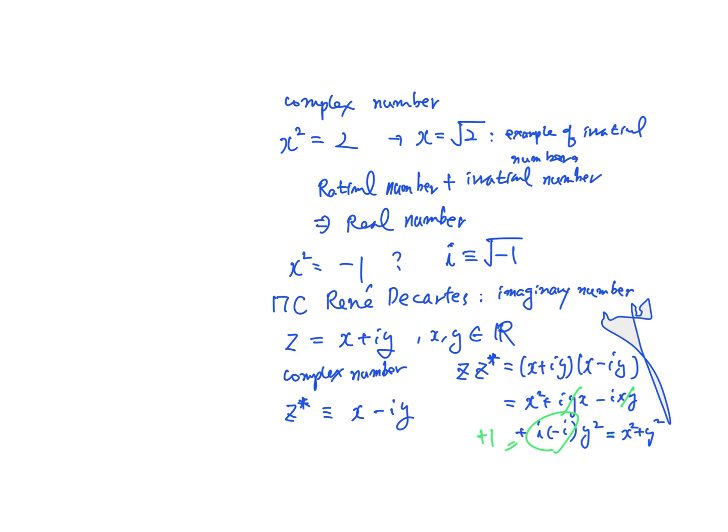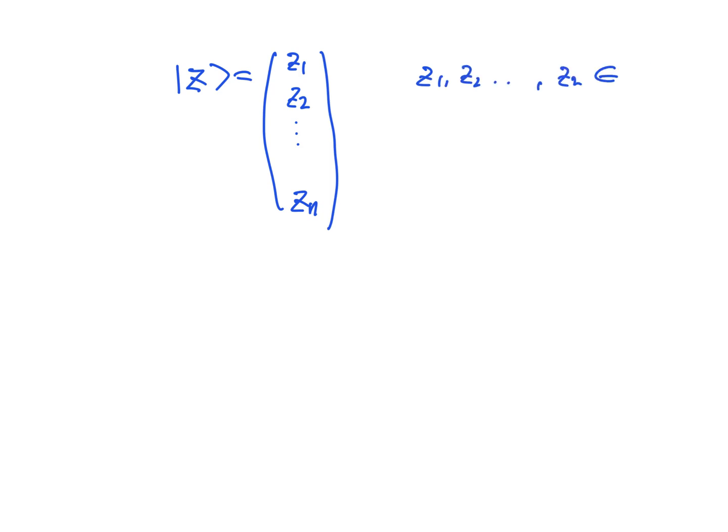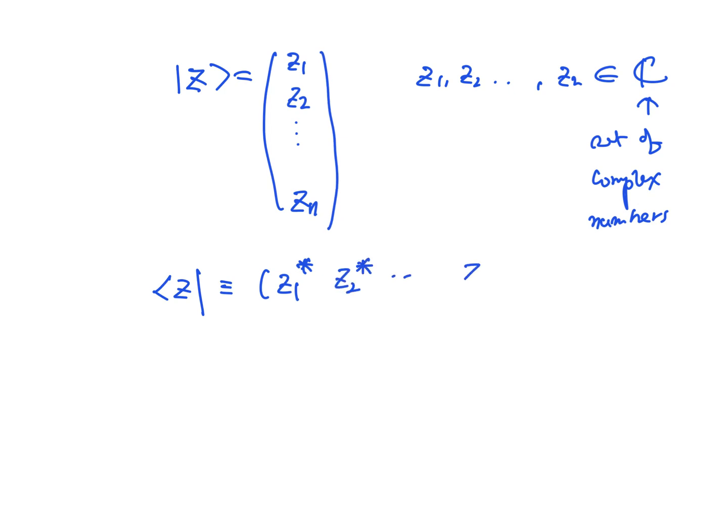So let's say ket vectors, and Z1, Z2, Zn all belong to the set of complex numbers. We can define a new vector, which is actually a row vector, the complex conjugate, which is obtained by taking a transpose, right?